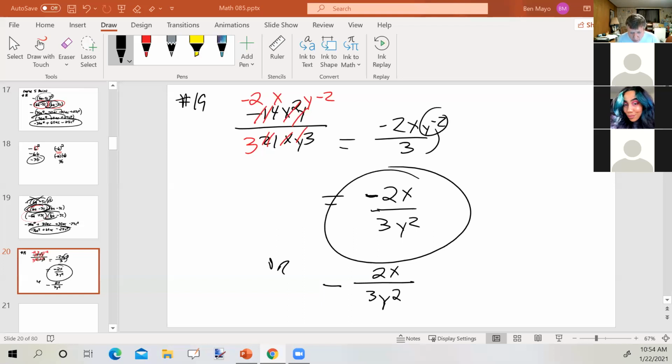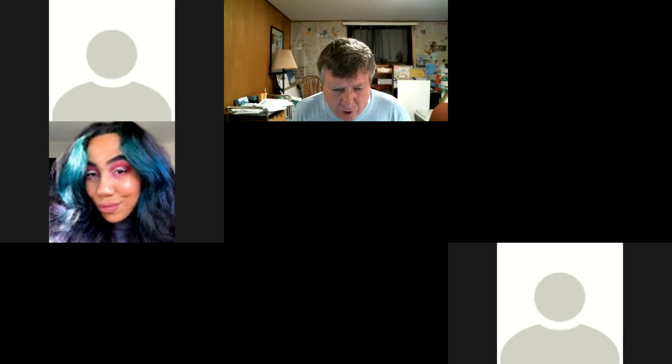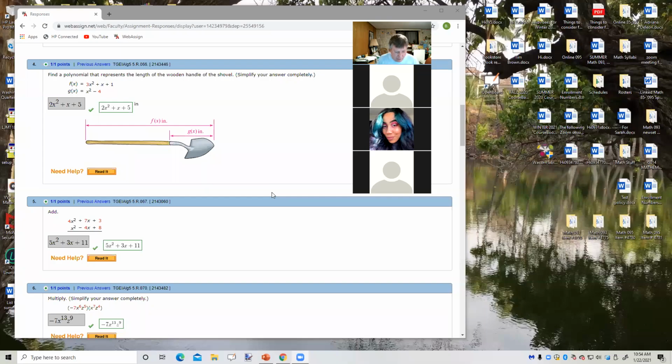Absolutely. Okay, so first of all I'm going to share the picture. We're taking a look at problem number 4, and you see the shovel there. It says, find a polynomial that represents the length of the wooden handle of the shovel. f of x is the entire shovel, so the entire shovel is 3x squared plus x plus 1.